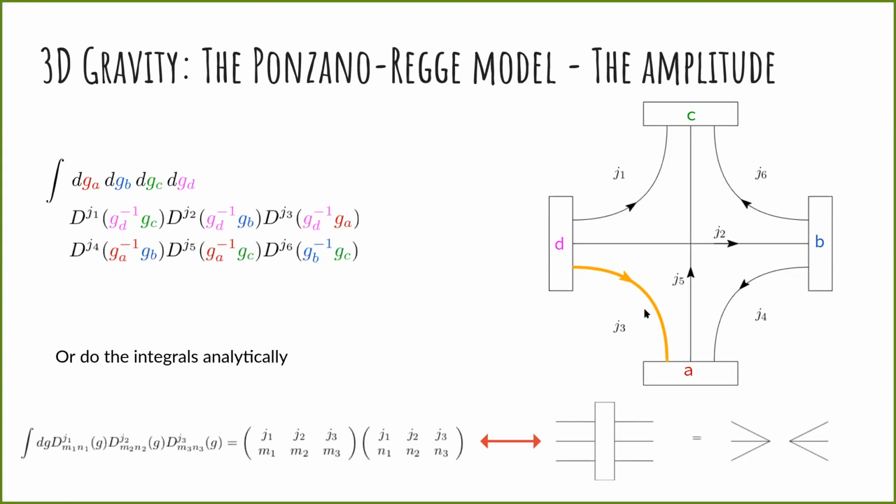And then the extra ones cancel exactly the group elements coming from the gauge transformation of A.